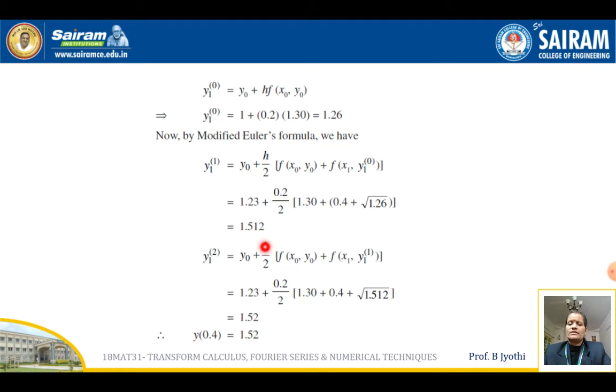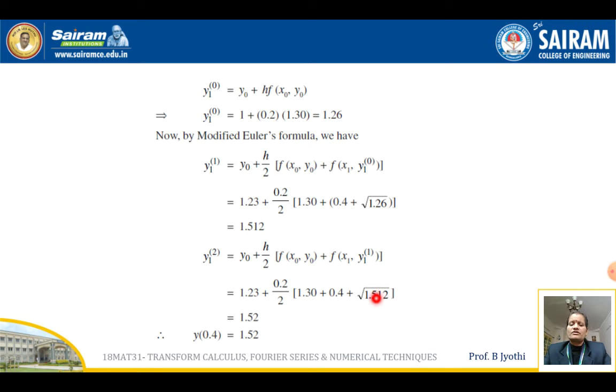1.512. Now the second time, y1 of 2 is given by the formula y naught plus h by 2 f of x naught y naught plus f of x1 y1 of 1, where y1 of 1 is given by 1.512. So remaining all the values are the same here except this one, that is y1 of 1.